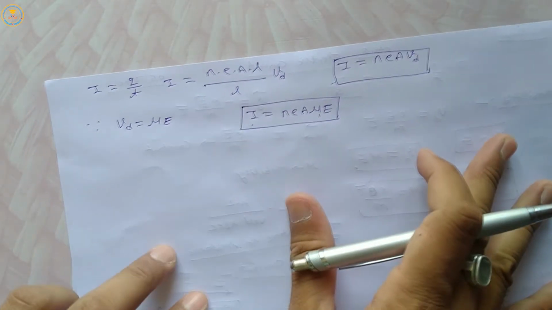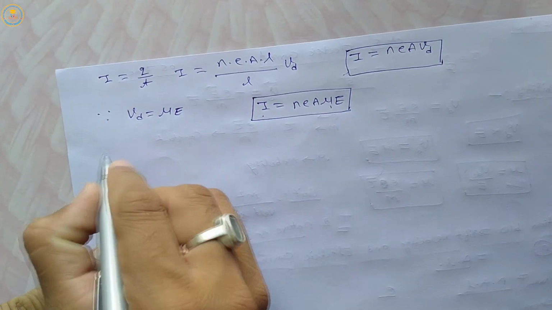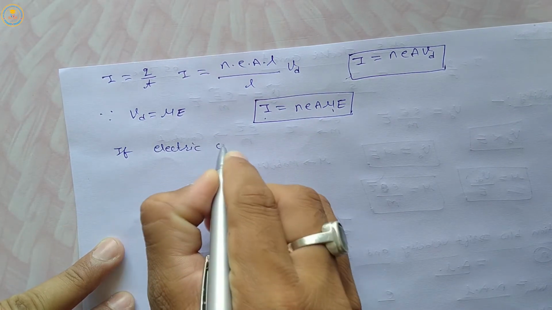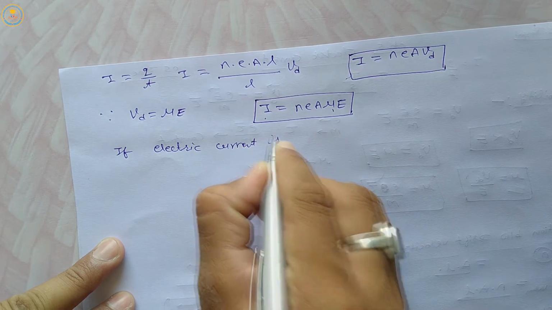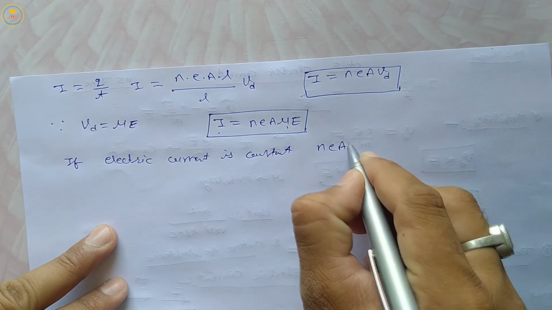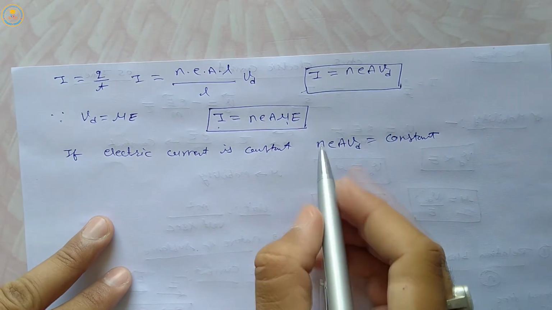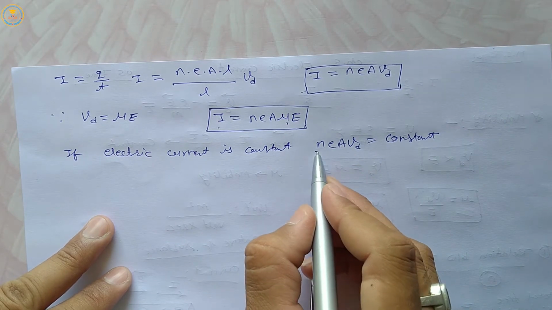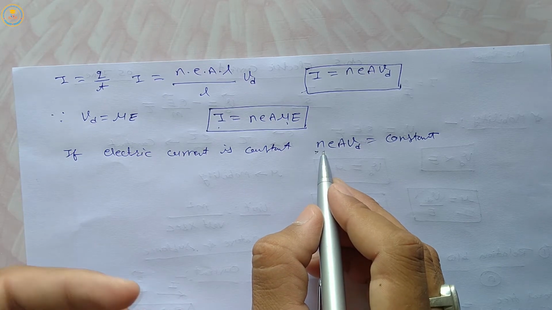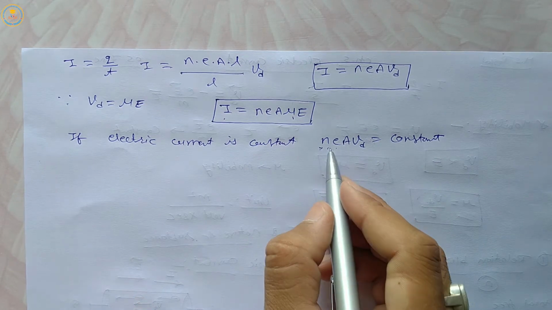Now we take the electric current as a constant quantity. If the electric current is constant, then we can write n e A Vd is also constant. And we know that the number of free electrons per unit volume is a constant quantity for any specific metallic conductor, and e, the charge of the electron, is also constant.